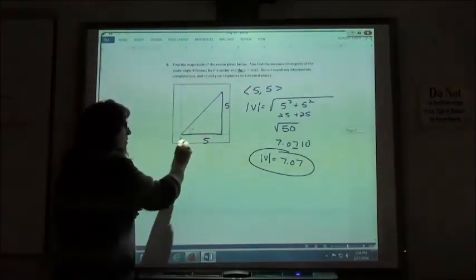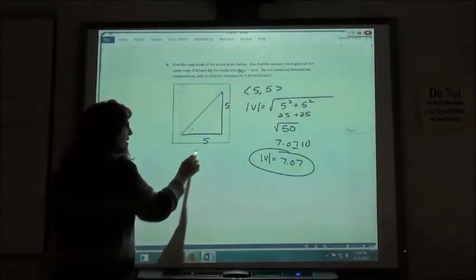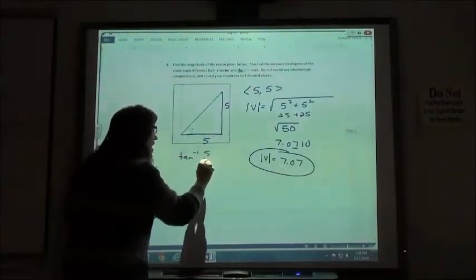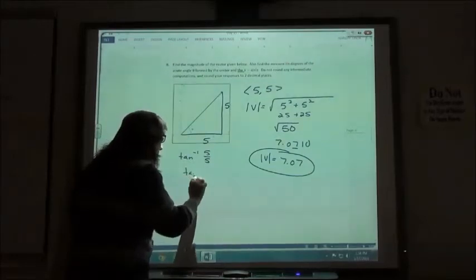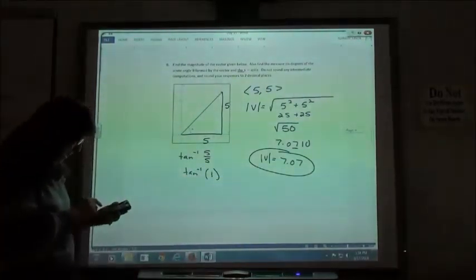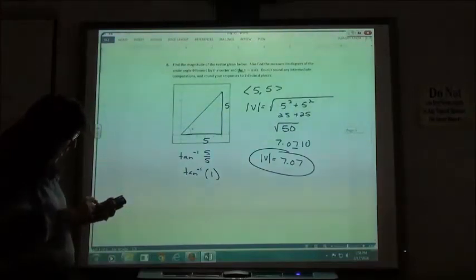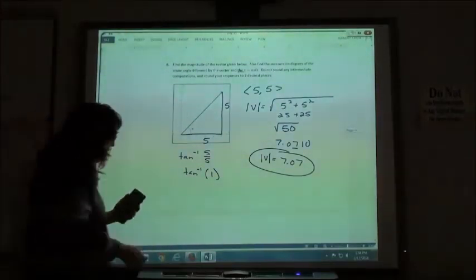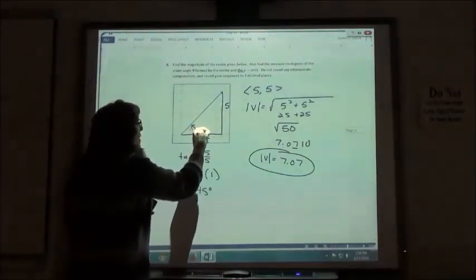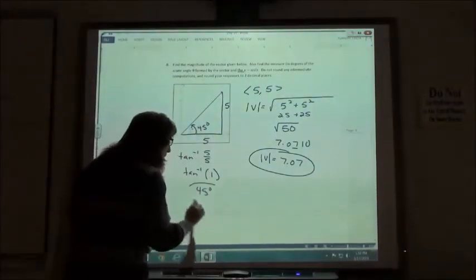Finding our angle here, again we have the opposite over the adjacent, so the inverse tangent would be 5 over 5. So inverse tangent of 1 is what I want to do. So shift tangent of 1 gives me 45 degrees, and that is positive. This is 45 degrees here, and so that's going to be my answer.